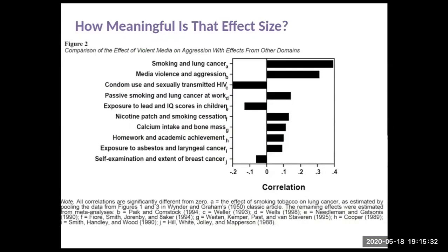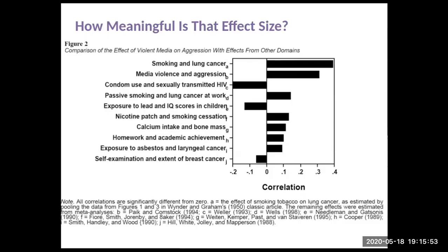What do they say? How meaningful is effect size? Depends on what you're looking for. We know that smoking and lung cancer has a really high correlation, a huge amount of correlation between those two. Media violence and aggression seems to be a little higher.